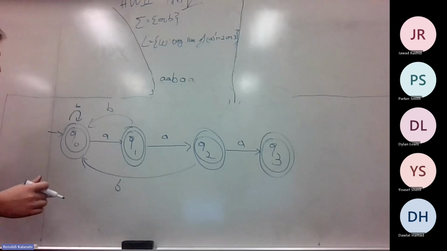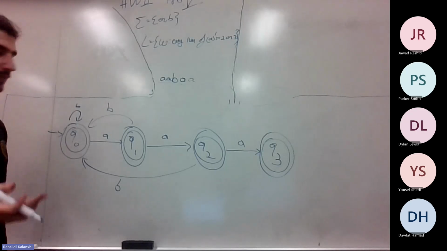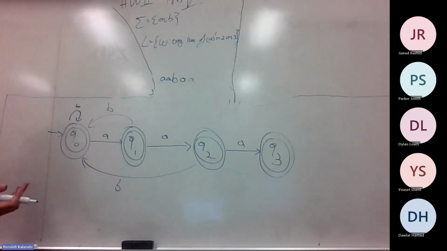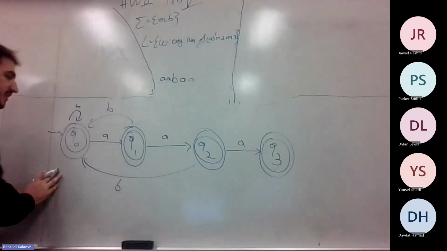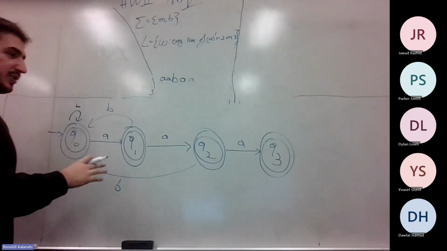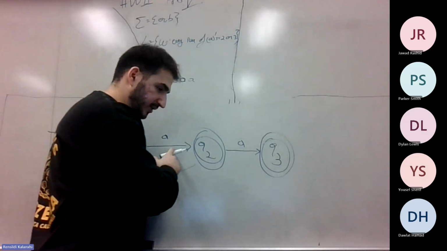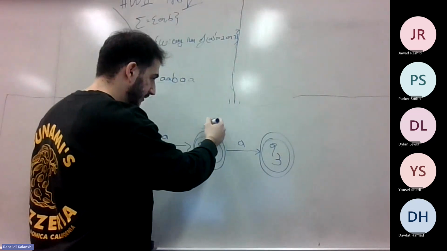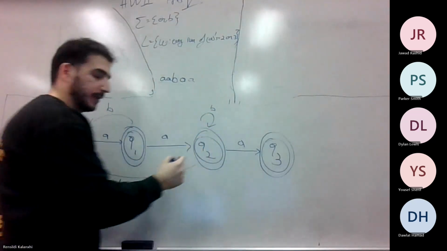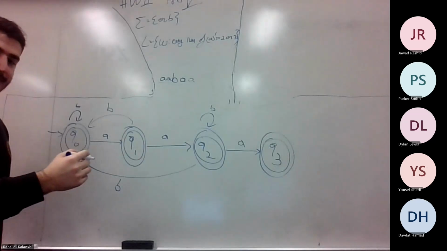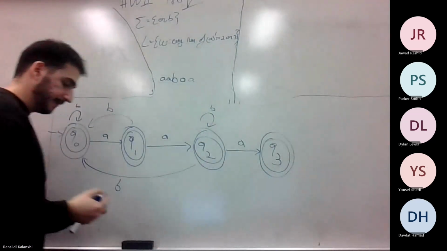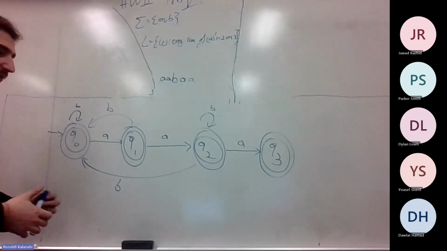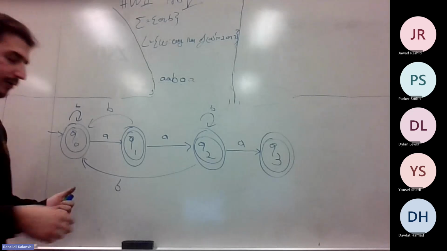Right, but if we want to have more B's in our machine, we need to loop them back to the initial state because if we decide to have a run of 2 A's or 3 A's, we can go from here instead of looping back here, and this will not work, right? Because it'll just break the run. And then you will not have any options to choose to have a run at all.